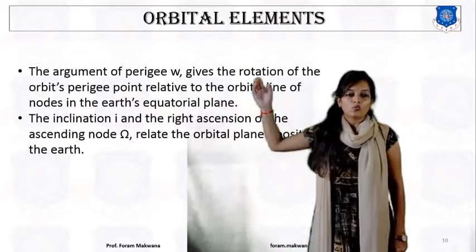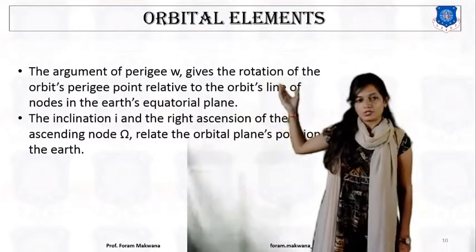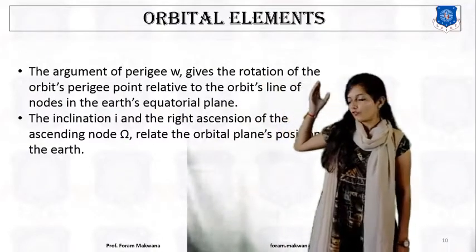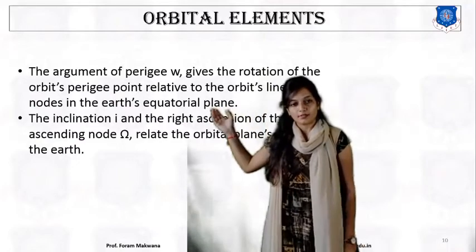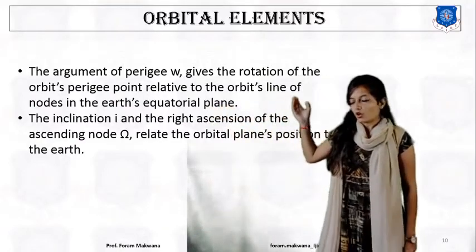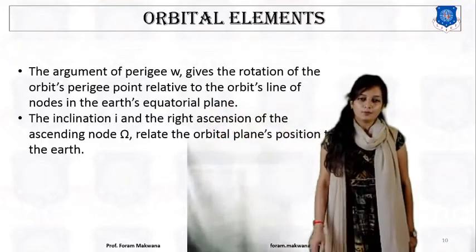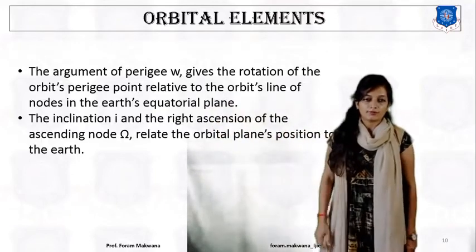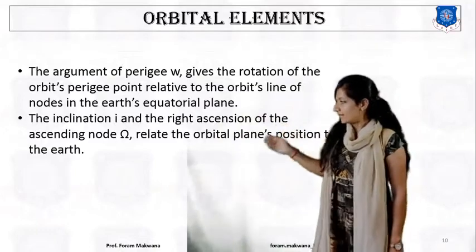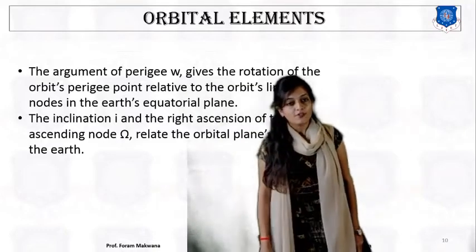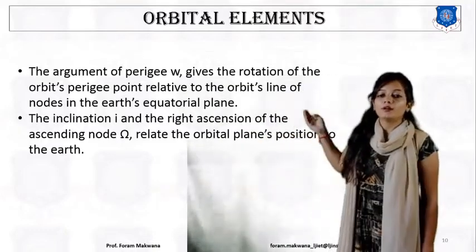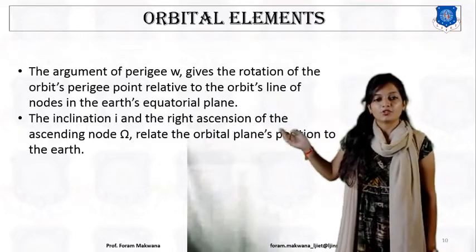Now, the importance of argument of Perigee is it gives the rotation of the orbit's perigee point relative to the orbit's line of nodes in the Earth's equatorial plane. The last one, the inclination and the right ascension of ascending node, which relates the orbital plane's position with respect to the Earth.